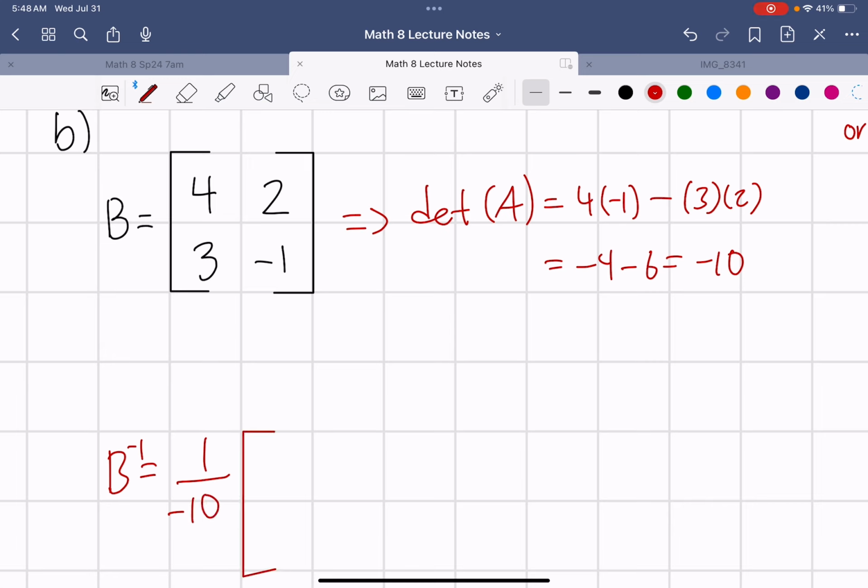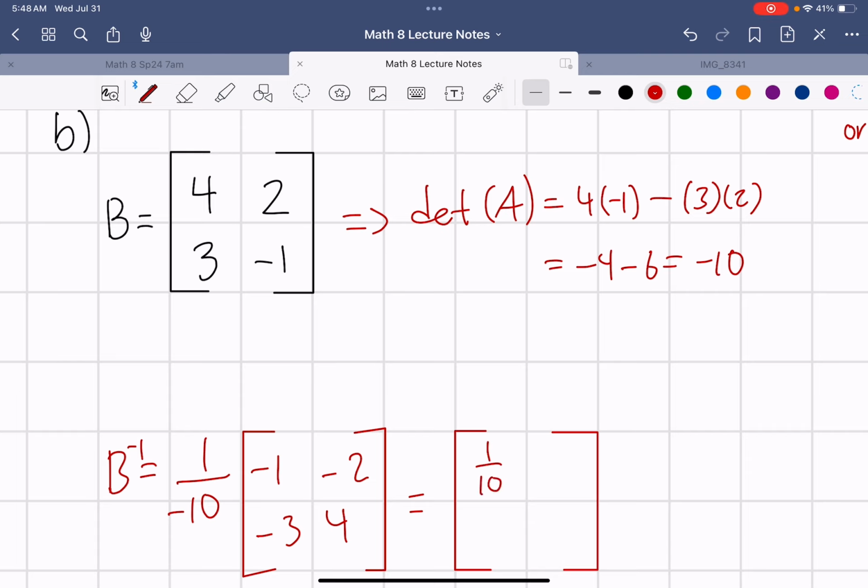And now we swap the rows. So A becomes D, D becomes A. So it'd be negative 1 and 4. And then you change the sign on that other diagonal. And we have to distribute that 1 over negative 10 into this problem. Now that's going to give you 1/10 times negative 1, which gives you positive 1/10.